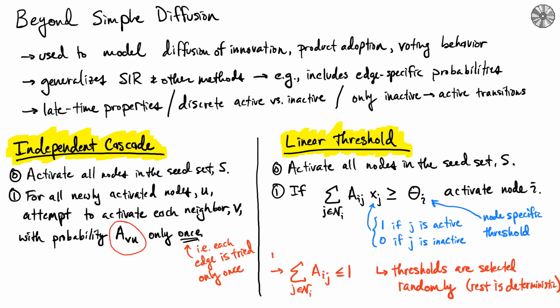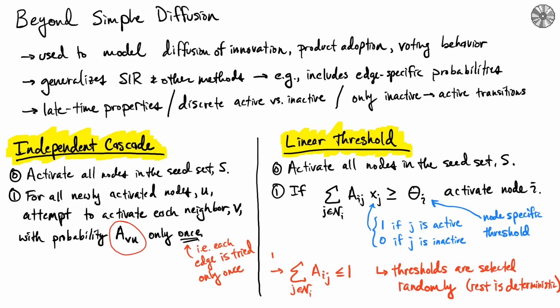So for node i, you take the sum of all of its neighbors' state values, essentially 1 in this case if active and 0 if inactive. If that exceeds a threshold, then you activate node i. This is essentially the idea of peer pressure. So if you have the rest of your family using, say, Android phones, you will be peer pressured into also using an Android phone.